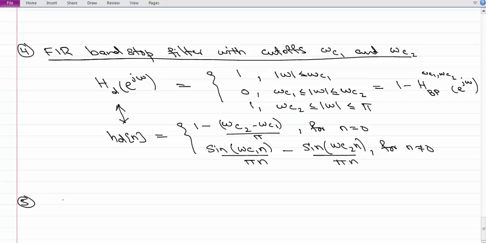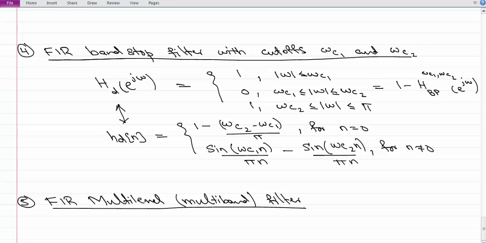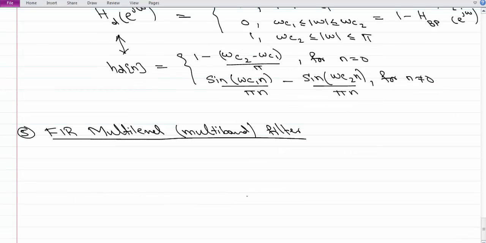The last example is an FIR multi-level, or what's called a multi-band filter. So this is a filter which actually is the most generic.